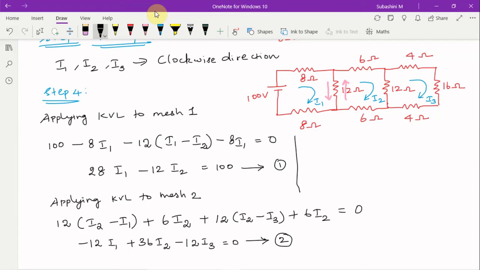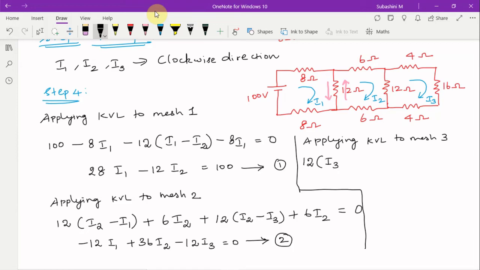So applying KVL to mesh 3, here I have to consider I3 as higher.